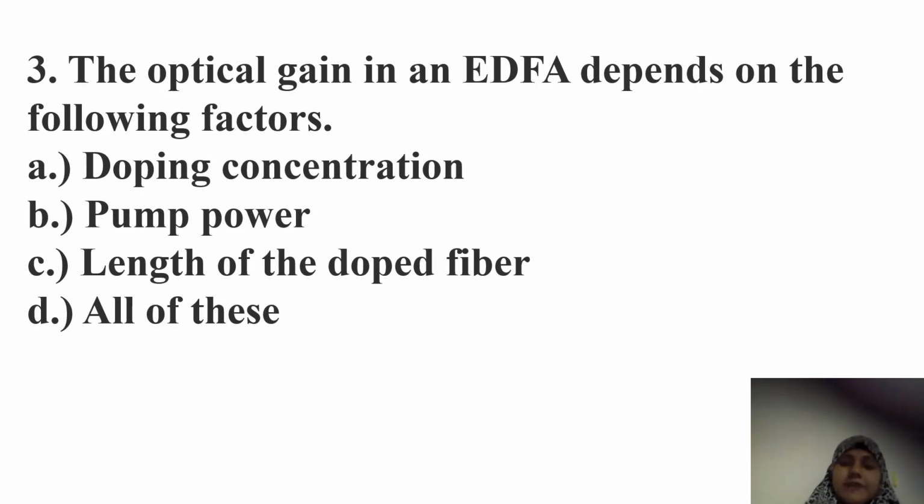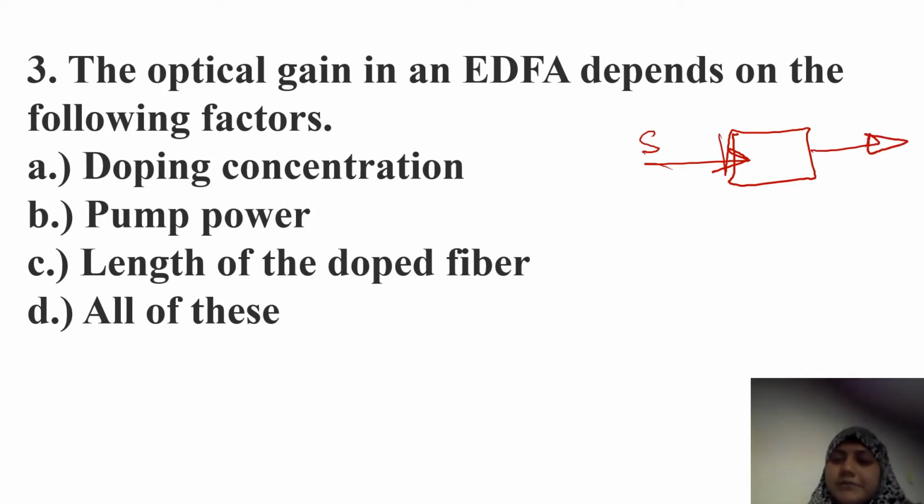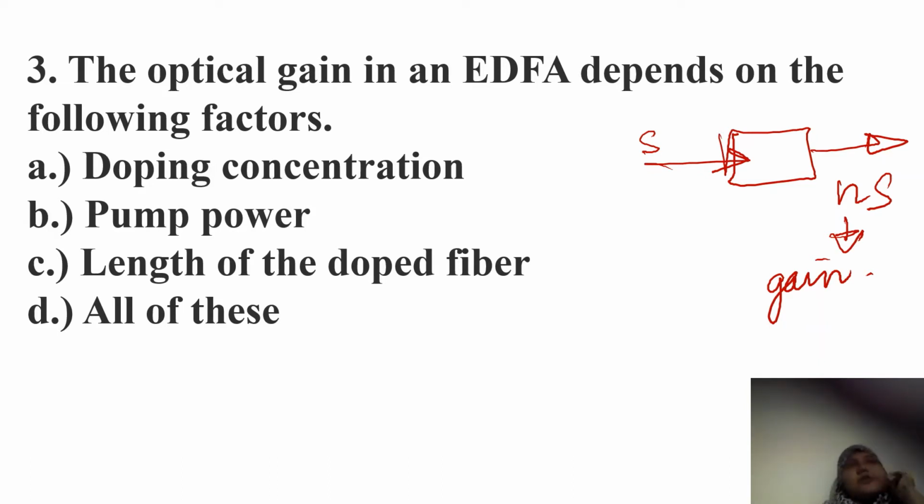That is, if we have a black box, it's very much like a transistor. We have some signal over here, say S, and this is my amplifier. It will amplify a signal to NS, and here this N is known as the gain of the system. So what should the gain of an erbium doped fiber amplifier be dependent on? Gain is output by input, so what should it be dependent on?